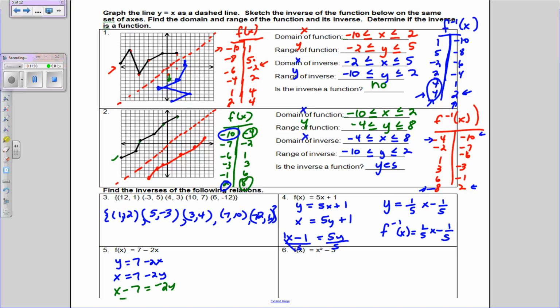When you divide by negative 2, I'm going to write the y first. We have negative 1/2 x plus 7/2, because the two negatives make a positive. And then rewrite it with f negative 1 of x equals negative 1/2 x plus 7/2.